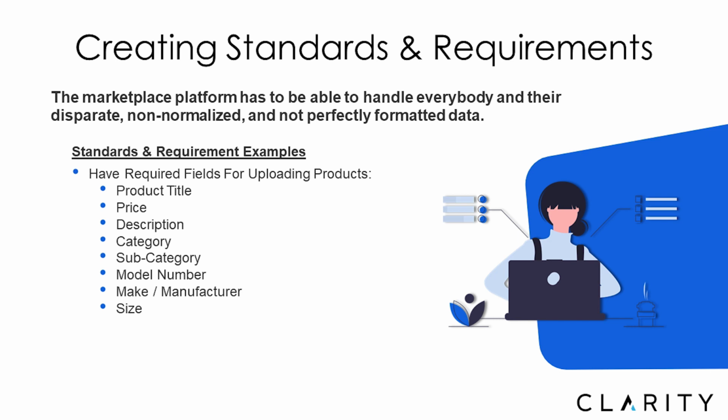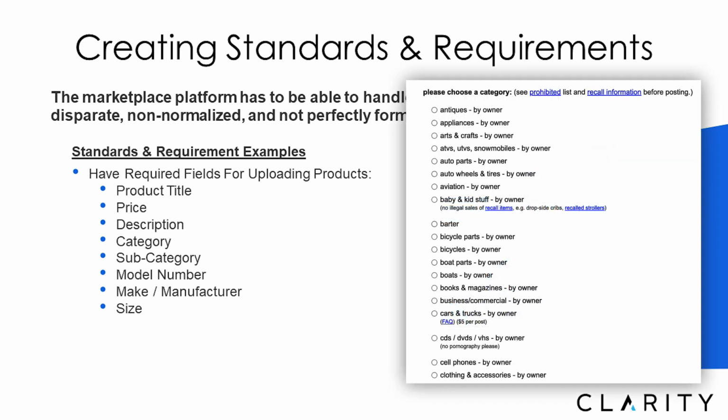So I can have specific templates for different types of things. I don't know if you've ever listed anything on Craigslist, but the first thing when you go to Craigslist, it comes up and says, what is it? What are you trying to sell? And it has this radio. You only pick one, and it might be furniture or clothing or whatever. And then based on what you pick in your marketplace, you can upload a pre-done template.